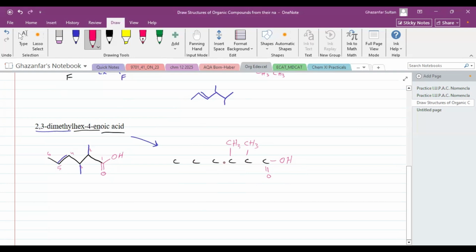Between 4 and 5, there is a double bond. And now satisfy the valency with hydrogen atoms. So there should be one hydrogen atom here, one here, one here, and one here, and there are three hydrogen atoms here. Okay, so you can draw the bond line structure as well as the structural formula of organic compounds.